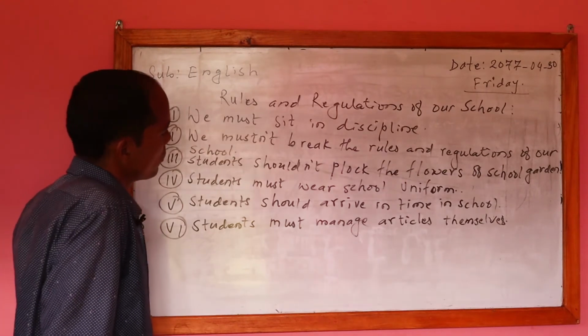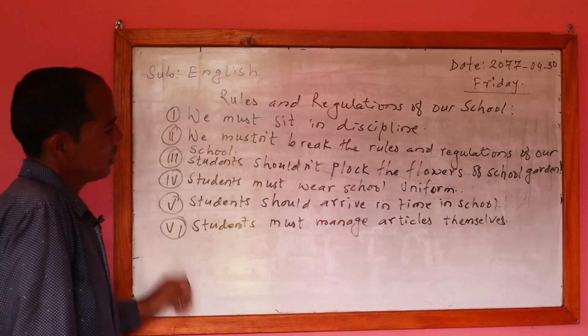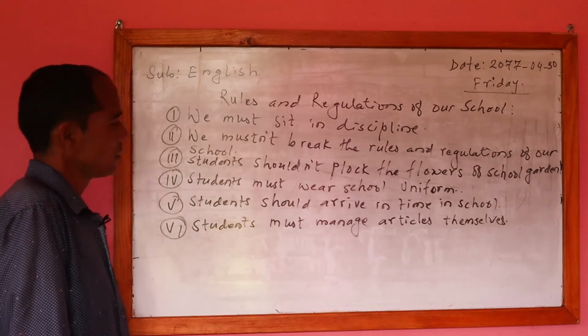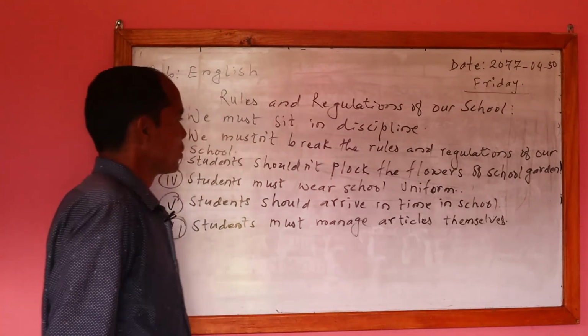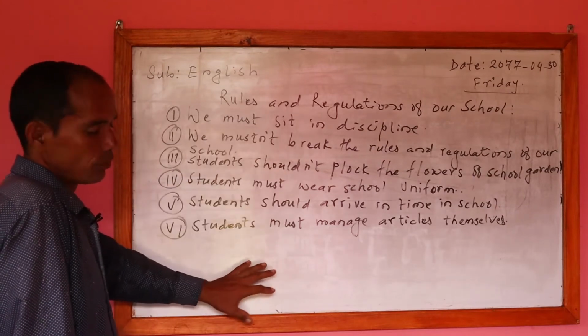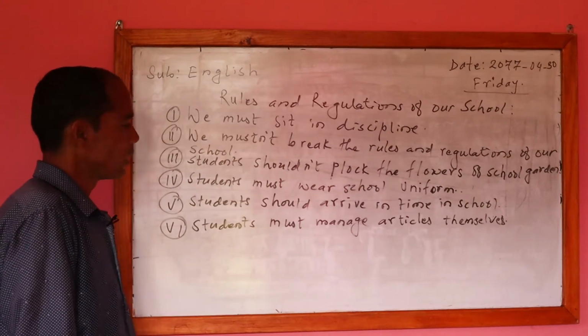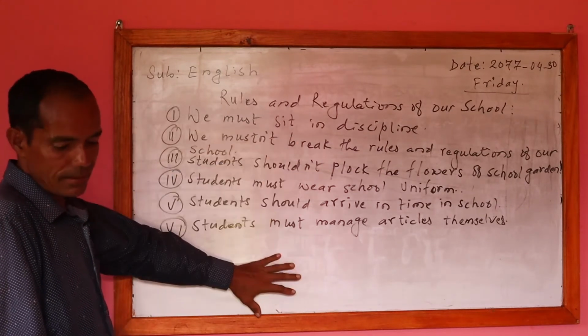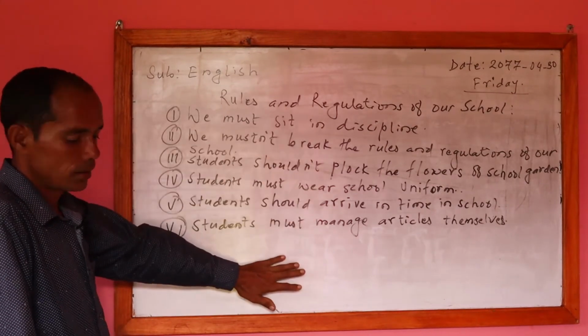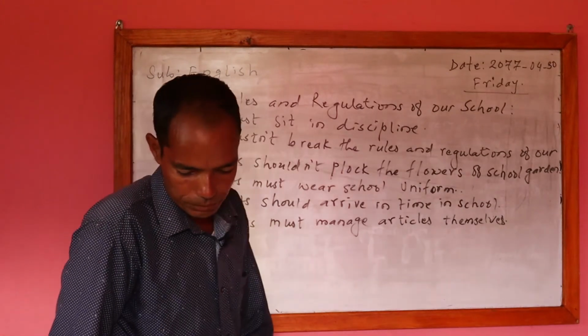Students must wear school uniform. Students should arrive in time in school. Students must manage articles themselves. Like this way, I have written some rules and regulations. More than this, we may know others, and we can write or list them here.